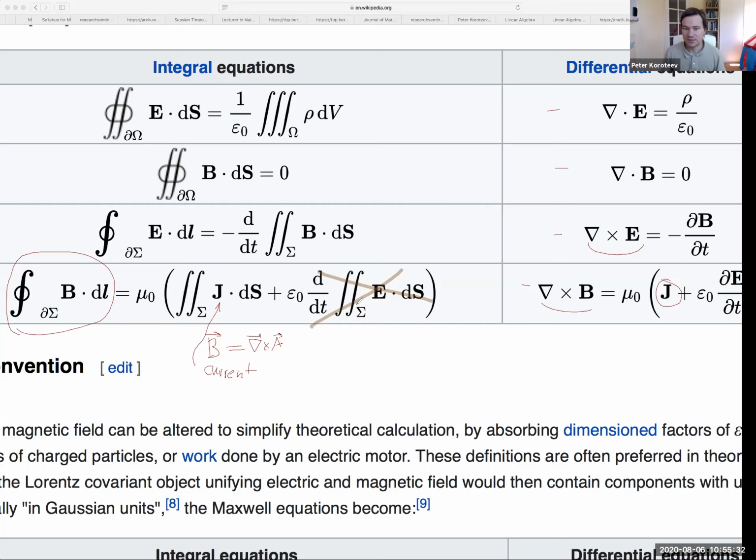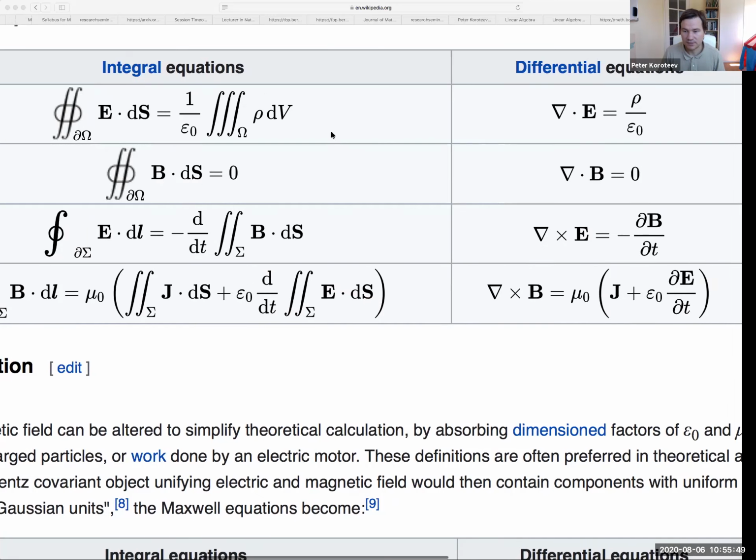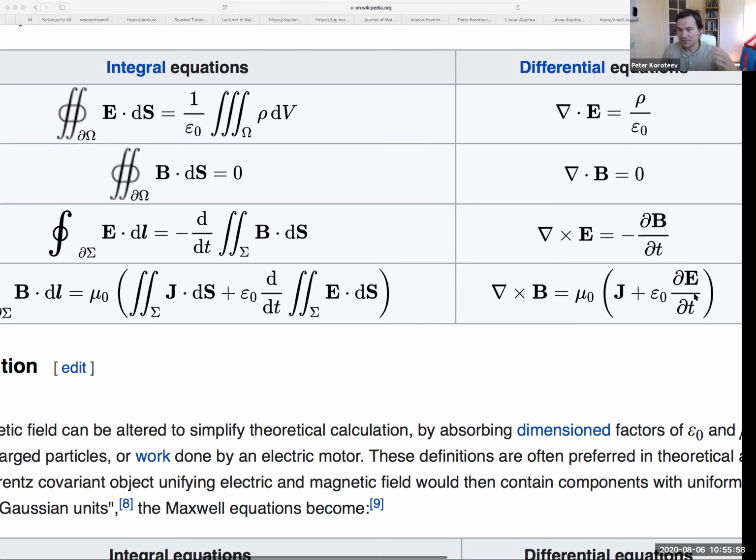It's described by this equation, and then finally there's a fourth equation which gives the correction, called the displacement current. It's a correction to the curl B equal to J, the current density, and then there is this correction due to the change of the electric field.